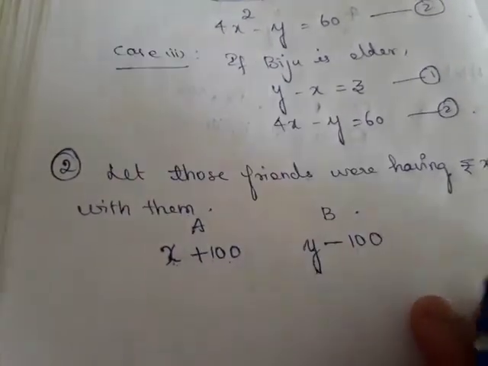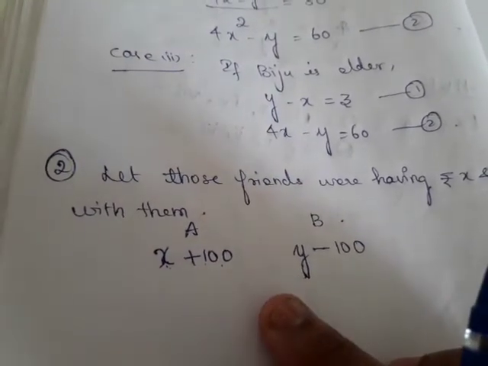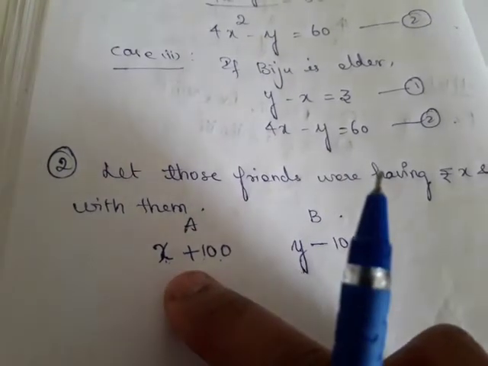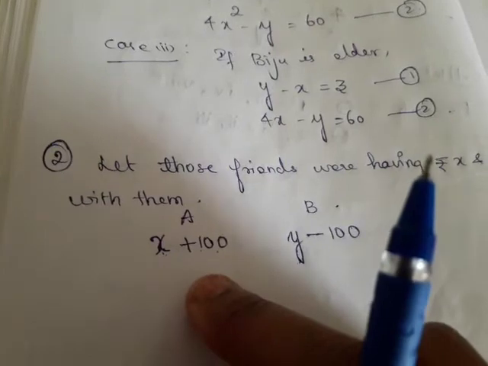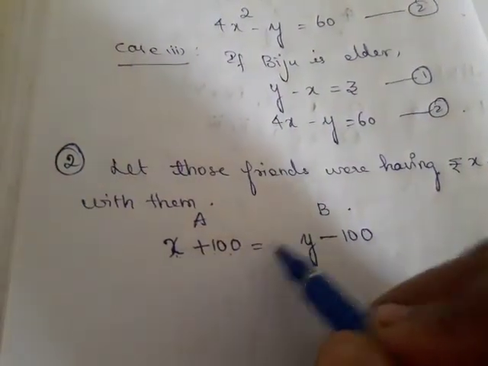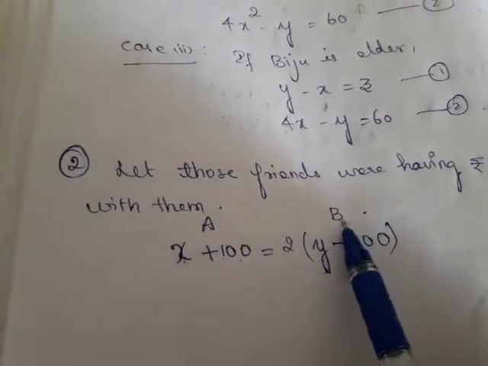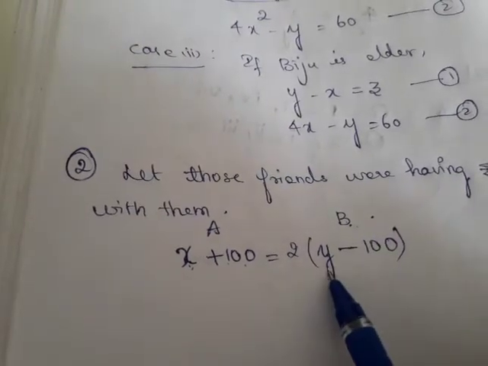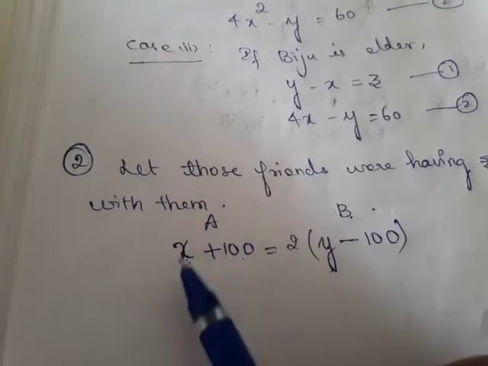Now after giving 100, what does the person say? Give me 100, I shall become twice as rich as you. Got it? So there are two friends A and B. Person A has x rupees and person B has y rupees. Now friend A is saying, give me 100.